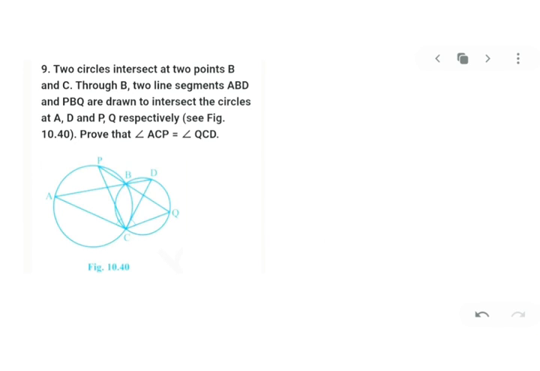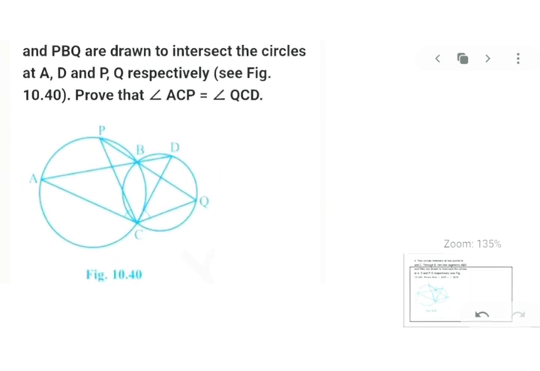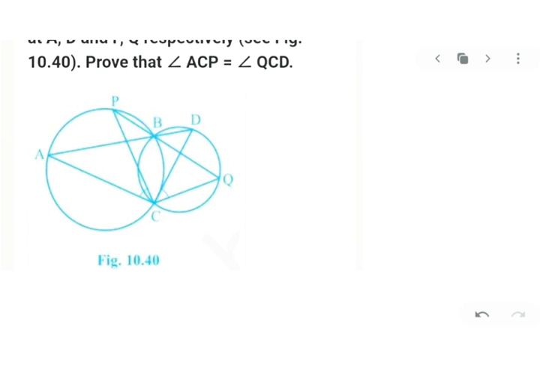In your next problem, it says two circles are intersecting at two points B and C. Shall I zoom a bit so that you can see the picture clearly? So B is here, C is here. Two circles are intersecting.